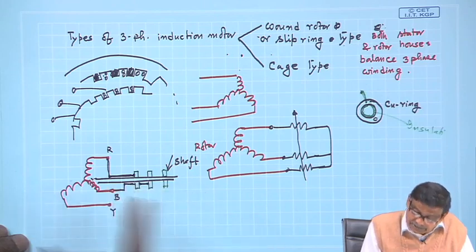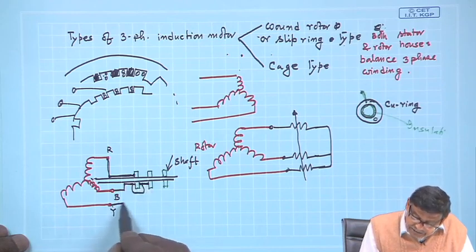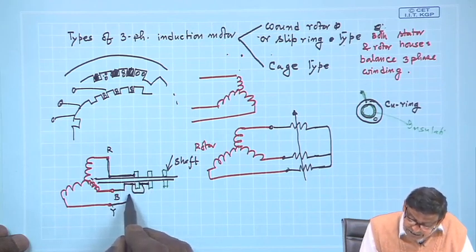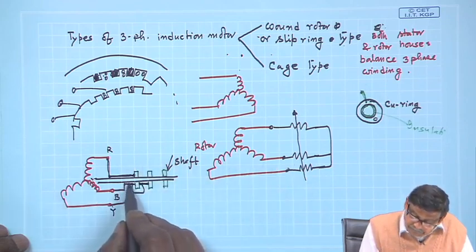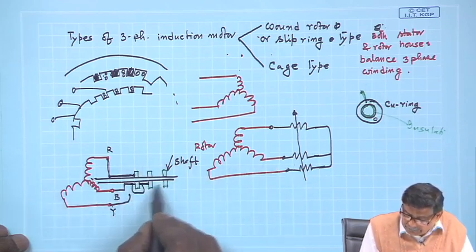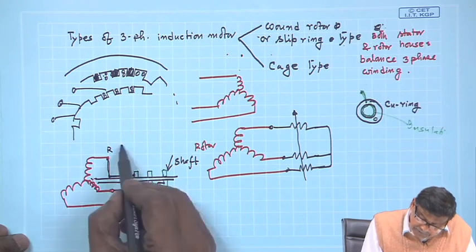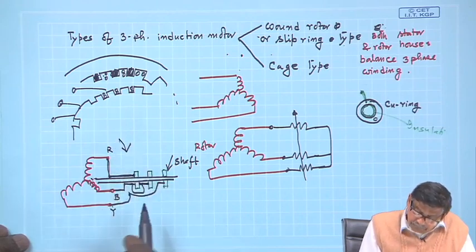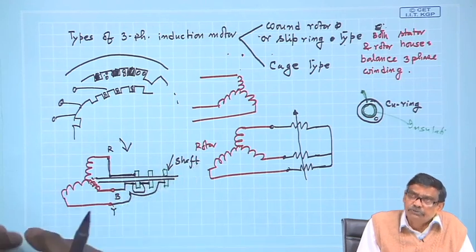Similarly, this Y terminal, but this wiring is to be done along the shaft. How can you do it? Put holes here, bring it here, that I am not showing, and it goes there. Now, as the rotor will rotate, and since these rings are on the shaft, these rings too will rotate.